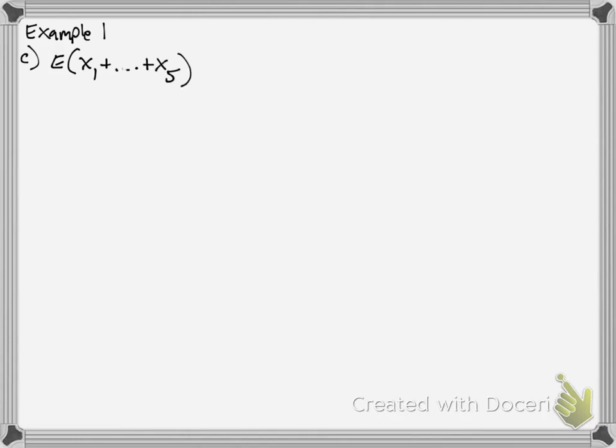We're going to add all of them to customer 5. Well, we have 5 customers and they all have an expected payout of $20. So we can add 5 times, or we can just multiply it by 5, which gives us $100.